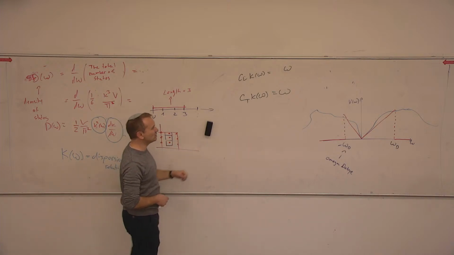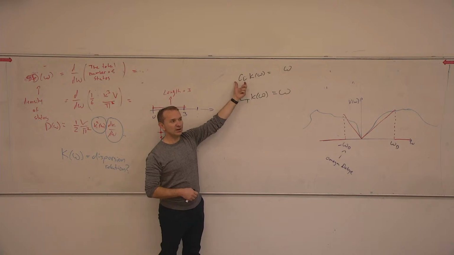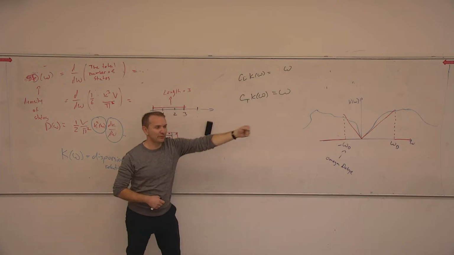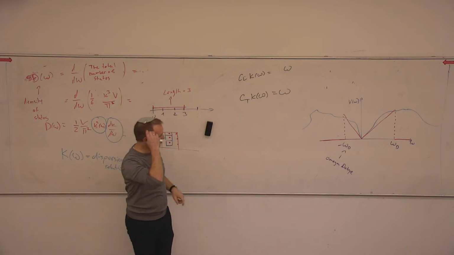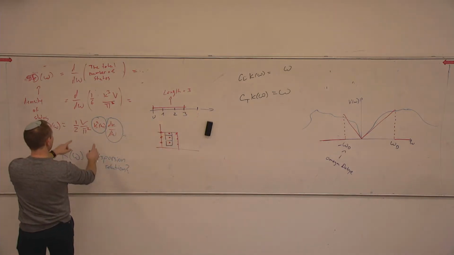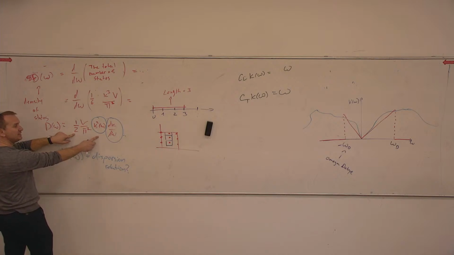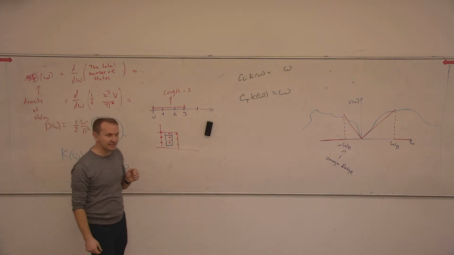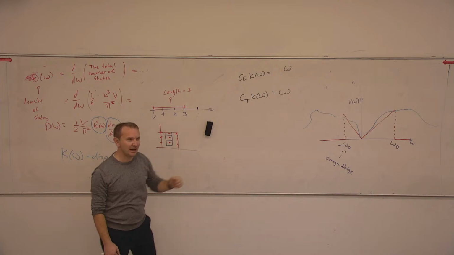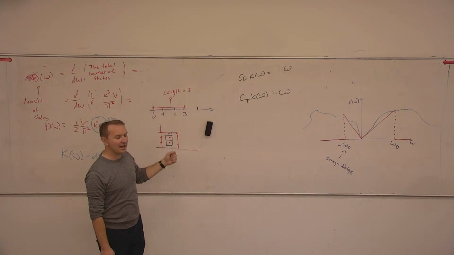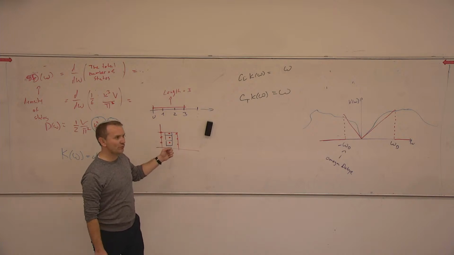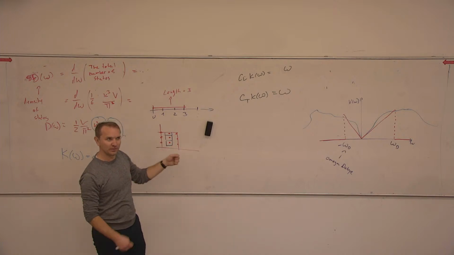Usually the velocity is different for the longitudinal waves and the transversal waves. So when I'm talking about the density, I have to talk about the density of longitudinal waves, the density of transversal waves of this type, and of this type.